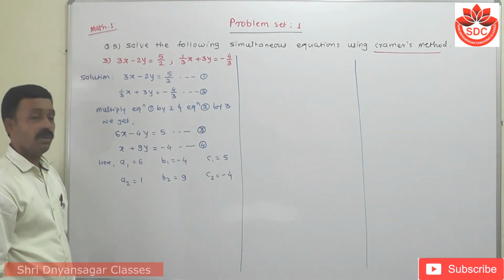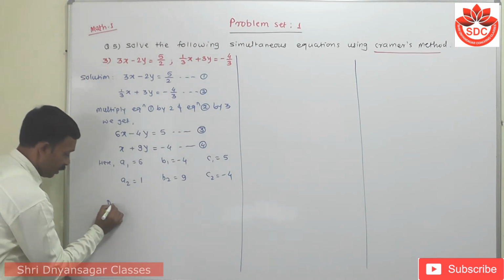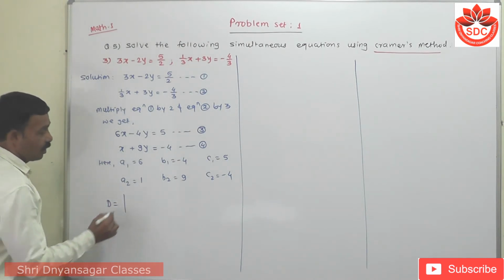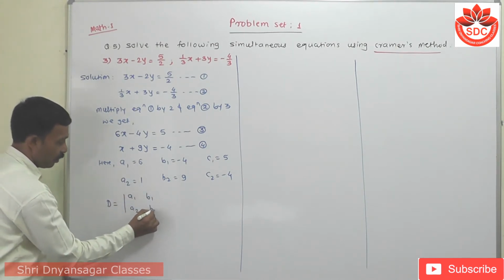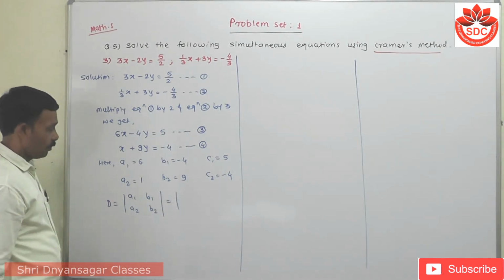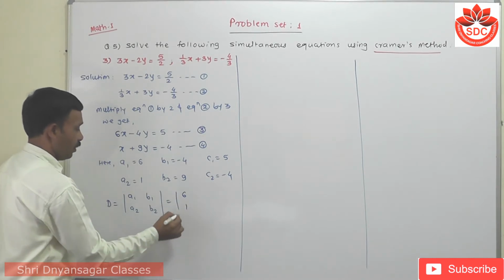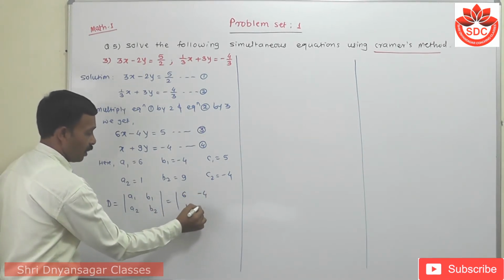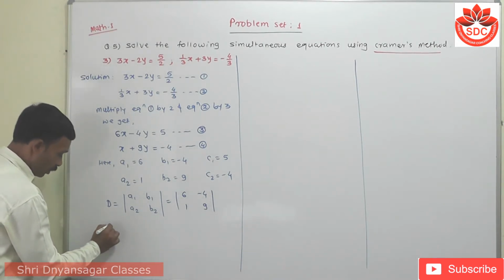to this? Now then we can find out the value of determinant, means that D is equal to mod of a1 a2 b1 b2. This is equal to a1 is 6, a2 is 1, b1 is -4 and b2 is 9. Then I have to take its cross product here.